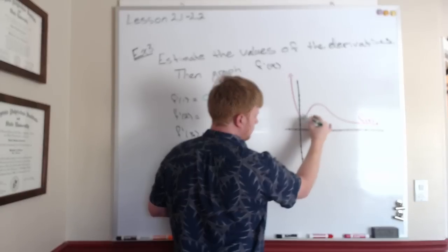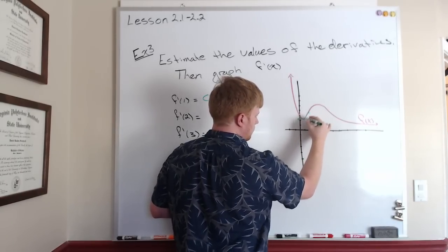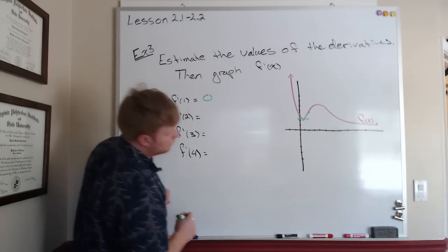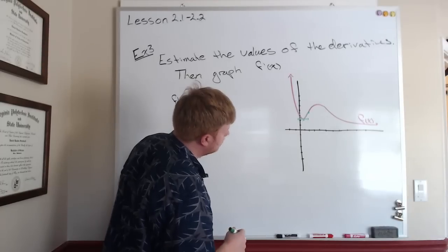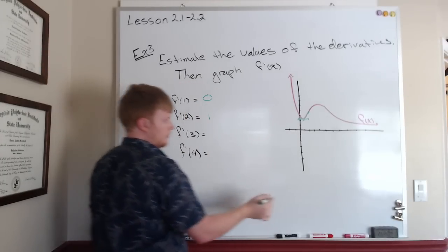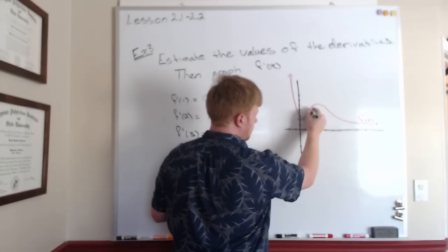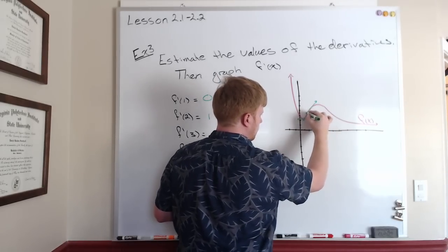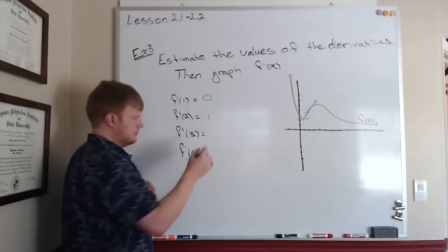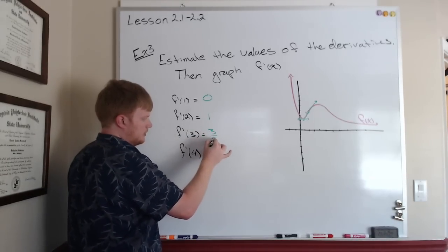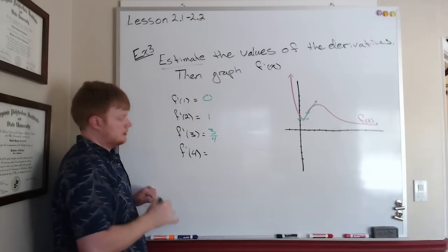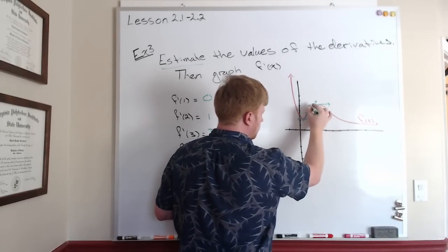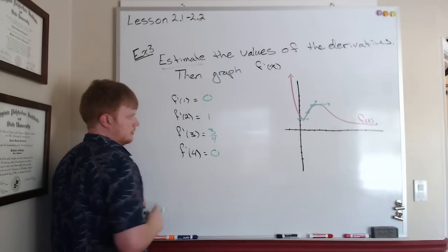At 2, it looks to be about 1. At 3, maybe a little less, we'll say 3/4. Again, these are just estimates. And at 4, it looks like we're again at 0.